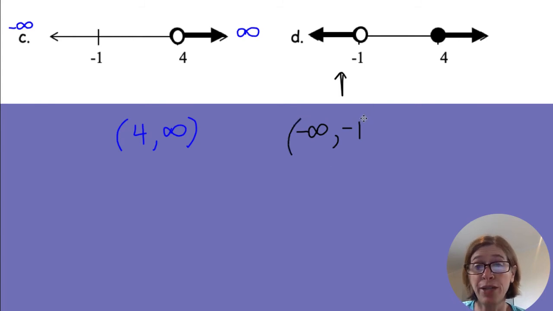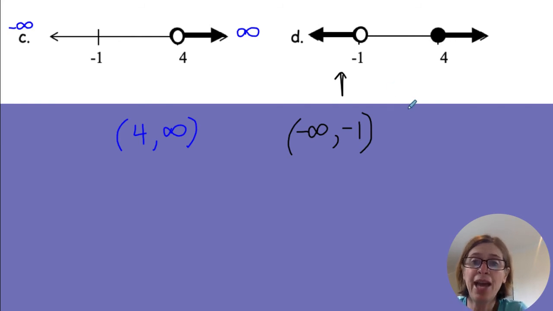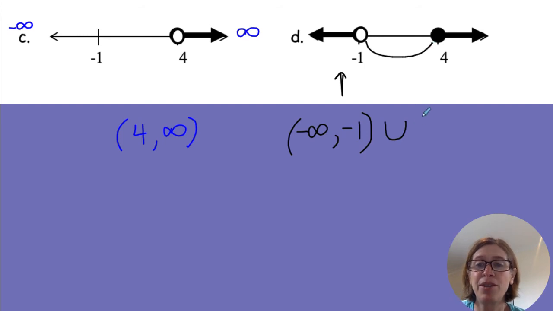We don't include -1, so a parentheses. Now, to bring these two together, we use the symbol for union, a U. Then I'm going to go all the way over to the number on the other side, which would be 4. Bracket, because I'm including 4. And then I want everything going this way, so I'm going towards infinity.